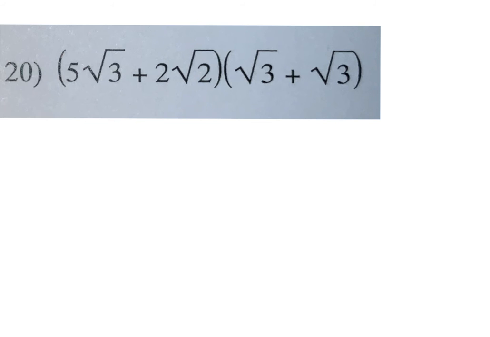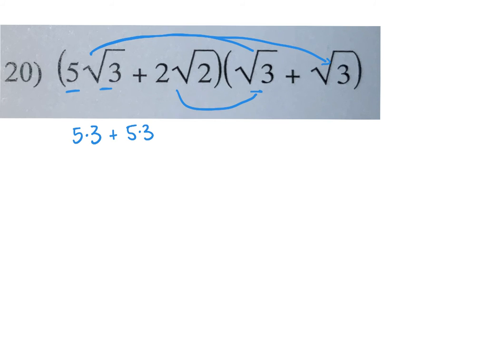Multiply the outsides, multiply the insides. So I'm going to do this group, 5 square root of 3 times the square root of 3. All right? 5 times, what's the square root of 3 square root of 3? 3, so that's going to end up being 15, right? And then I have 5 square root of 3 square root of 3. Same thing again, right? Then I multiply these guys.